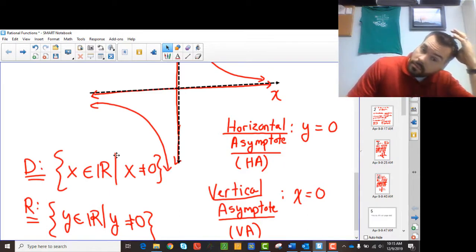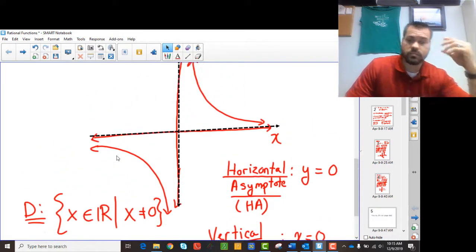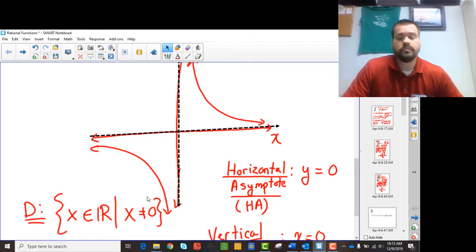They're going to move, and they're going to move based on our parameters, a, b, h, and k. All right? And then we have a domain and range. And the domain and range, we've talked about that with any function we look at. The domain is the values of x that you're allowed to have. And really, the domain here is all real numbers. So x belongs to real numbers, except that x can't be 0. And the reason x can't be 0 is you'll notice that this is not ever touching 0.